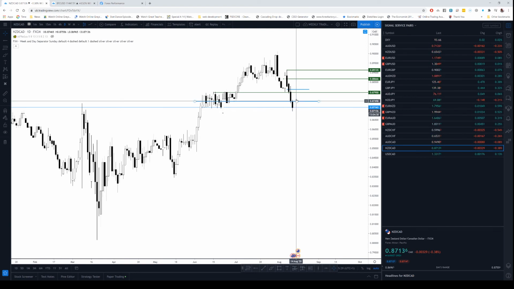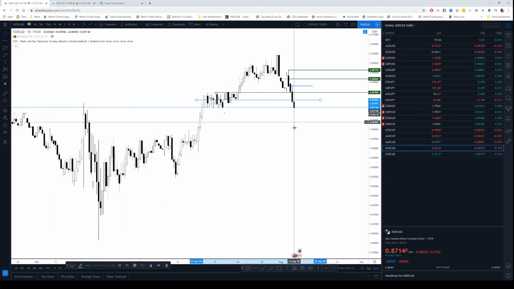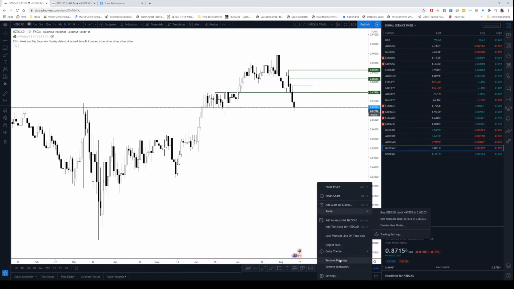So market opens today, I sell short, place my stop above here, and then I continue to ride it until the market comes up and stops me out, and then I know that the move down might be halting. Okay, so that is this one.